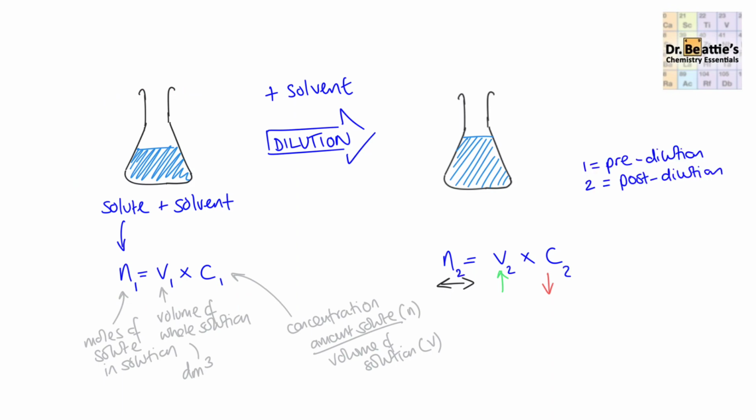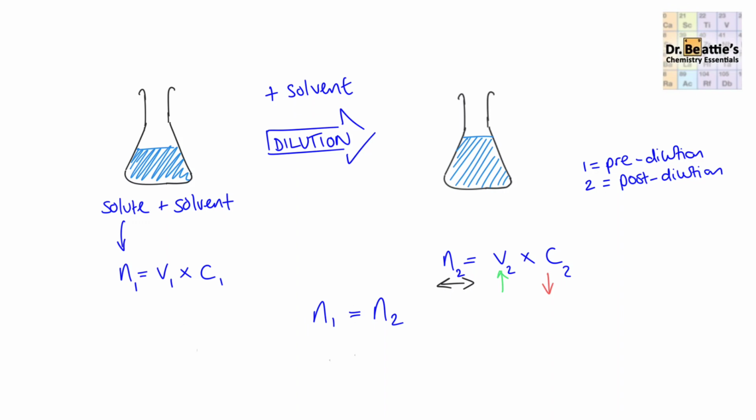So as per our discussions earlier, n1 and n2 must equal exactly the same as the solute moles has not changed. As n1 is equivalent to V1 times C1, hence n2 is equivalent to V2 times C2, a really useful expression in order to work out the new concentration post-dilution.